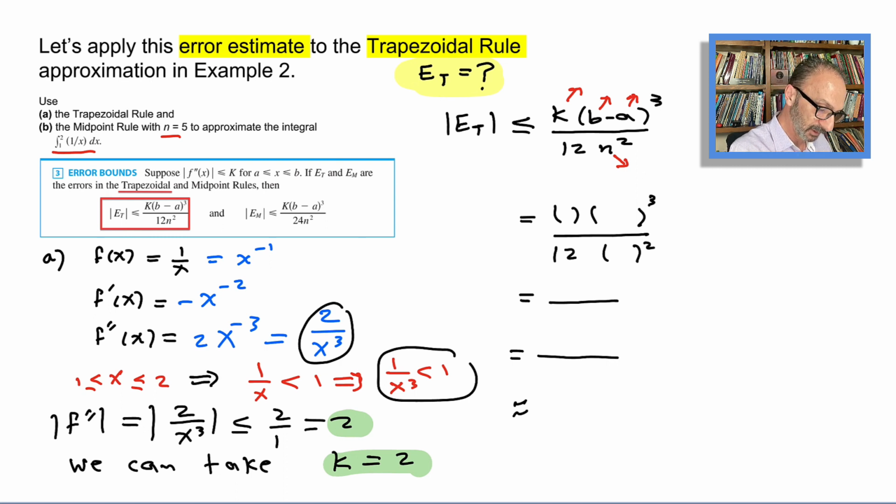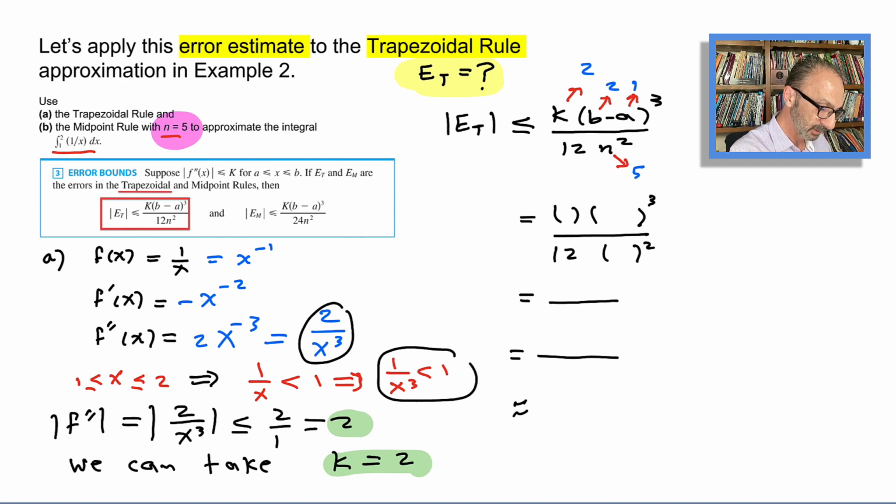For the formula on the right side, we could move on and use the following. For k, I'm going to write 2. For b, since we're going from 1 to 2, b is 2, a is 1, and n is 5 as mentioned earlier, which is right here. Let me show you. This is b, or n equals 5.